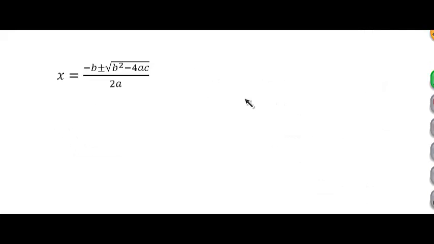Let's try another one. Let's go with 4x squared minus 3x plus 5. Alright, well, let's see what happens.